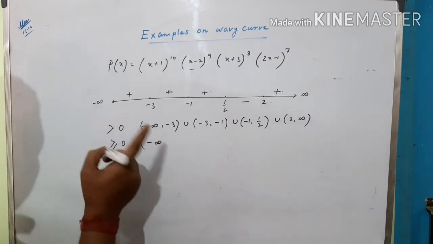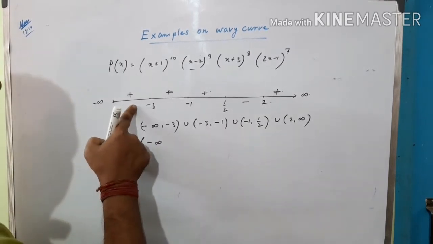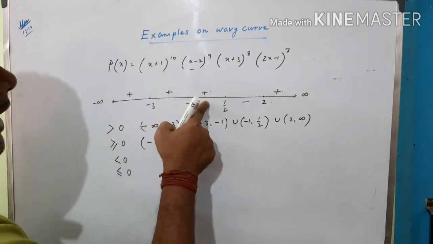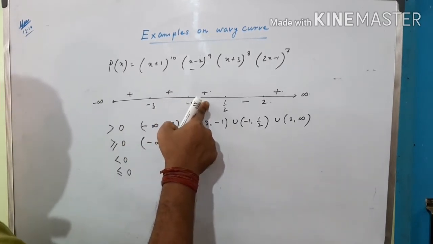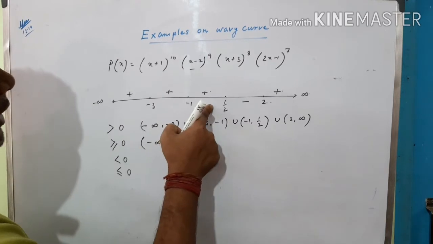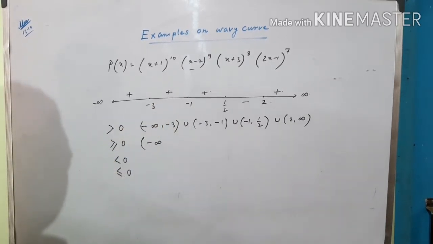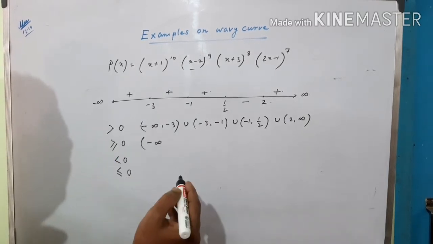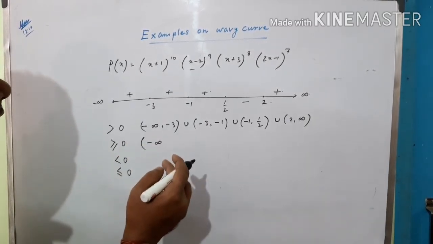Minus infinity, it starts from minus infinity. Here it's positive, in the adjacent interval it's positive, in the adjacent interval it's positive, and in between these three intervals there are 2 points where the value of the expression is 0, and here we are allowing the value 0.